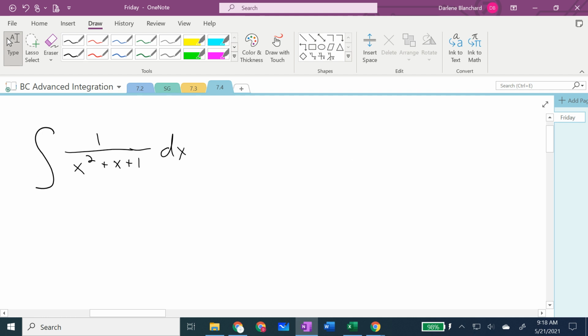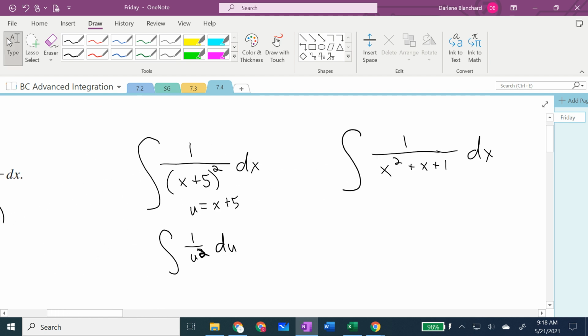There are ways to go about integrating that, but none of them are as easy as doing a quick u substitution.